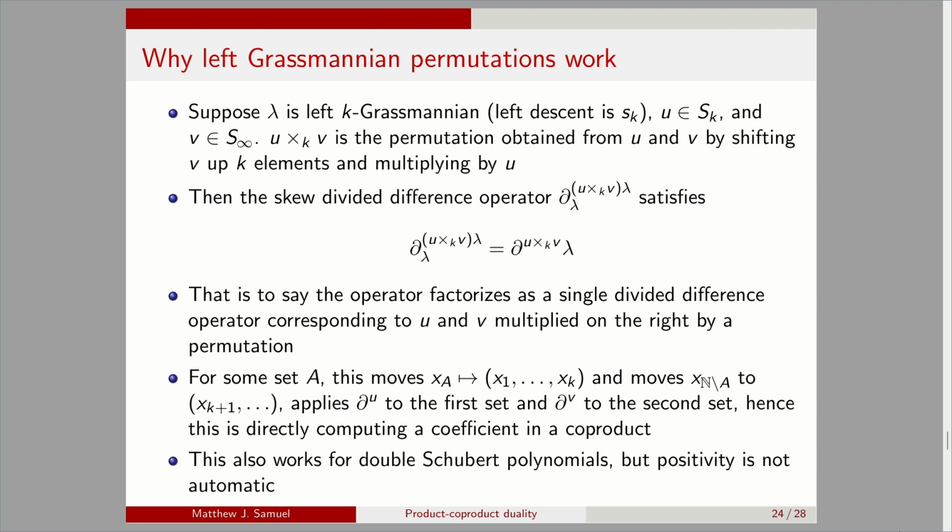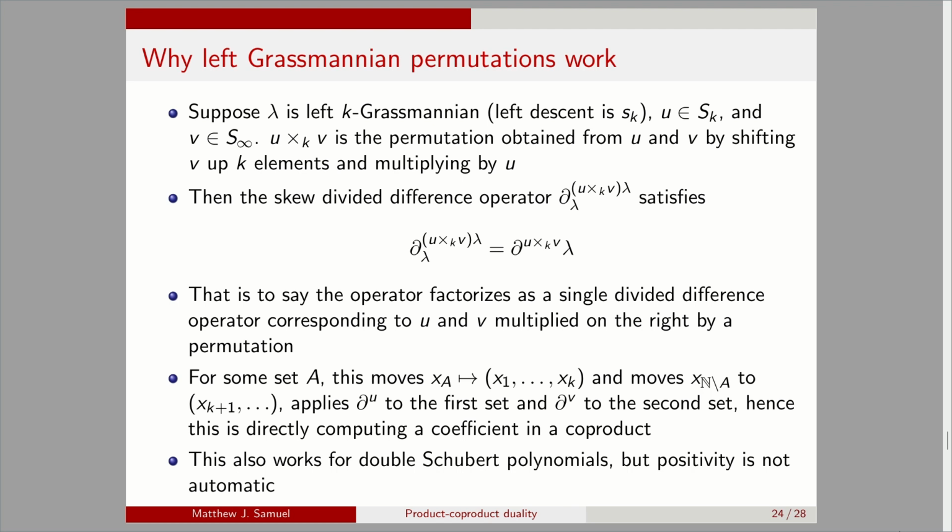So if we take the skew divided difference operator, partial lambda u cross_k v lambda inverse, this factorizes as a product of a divided difference operator, partial u cross_k v, times a permutation lambda. So what does lambda do?